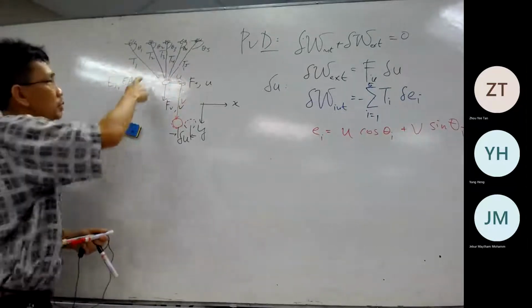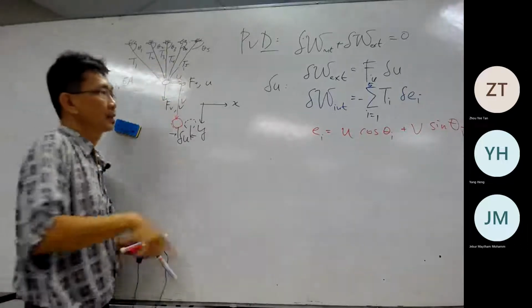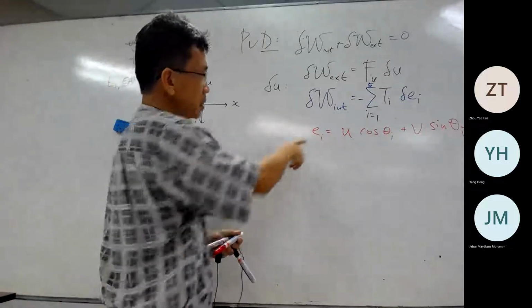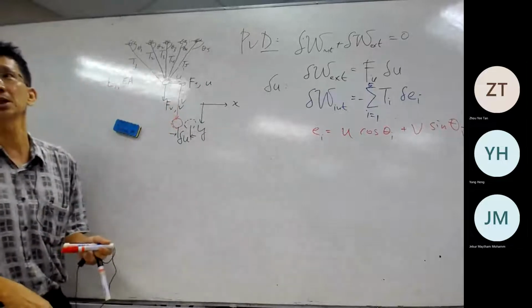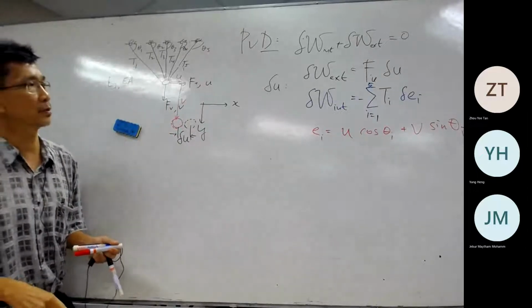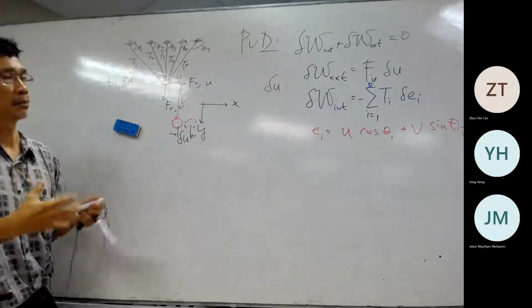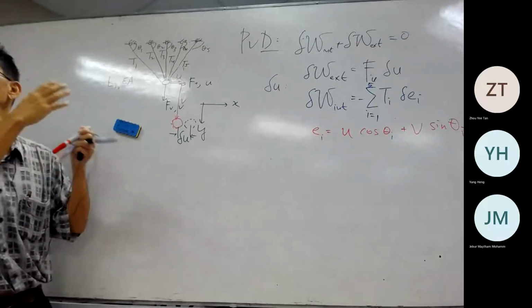So there is a relationship between each of the elongations and the u and v. We make use of this. This is also a condition that we must satisfy so that the virtual displacement is kinematically admissible, which means the members still stay together. They cannot separate.